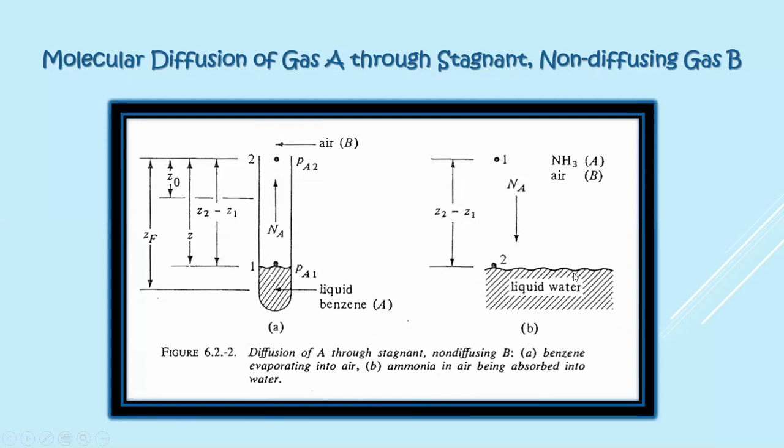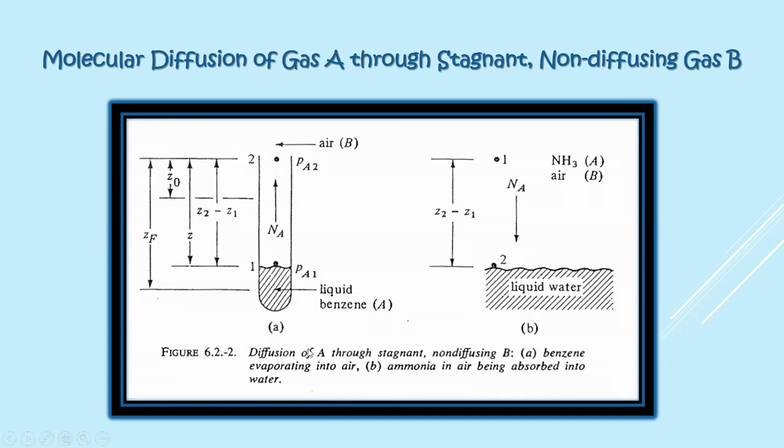So this is another example wherein your ammonia is diffusing to your liquid water. The stagnant medium in this case is water. It's getting absorbed into water, and ammonia is getting diffused through your liquid water.